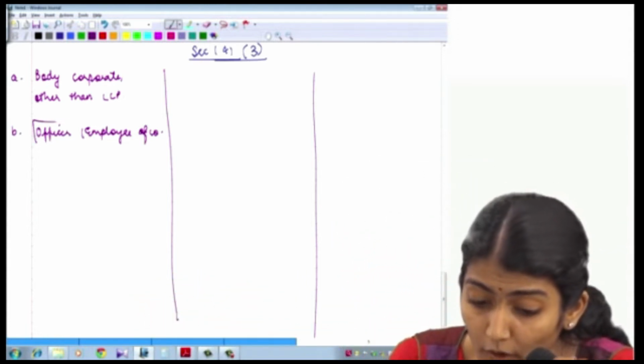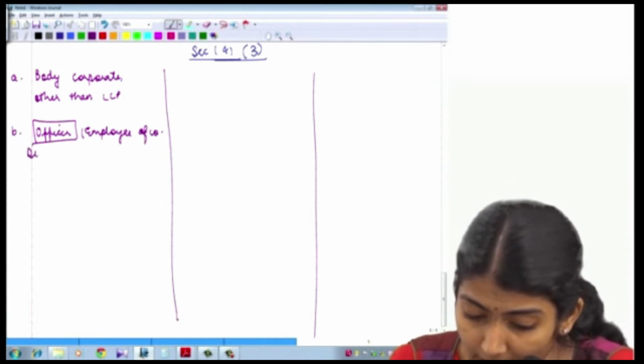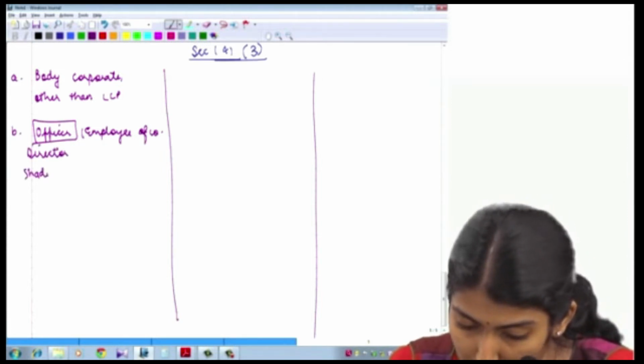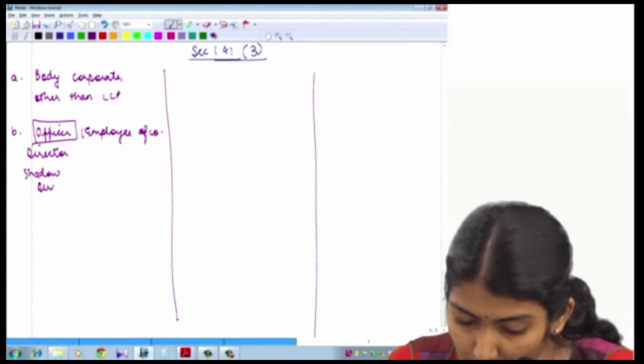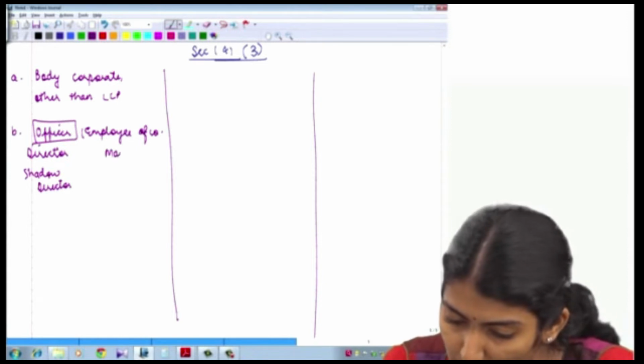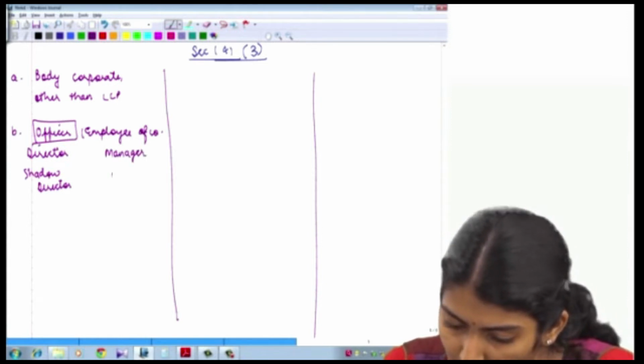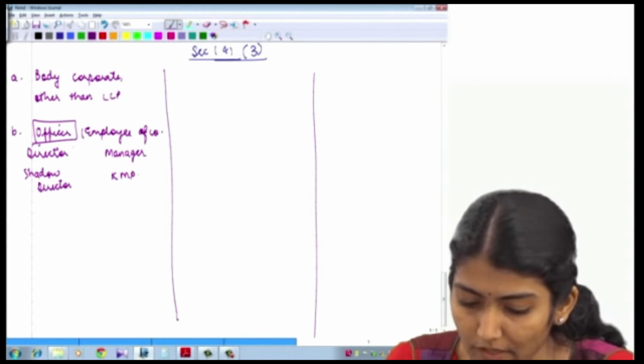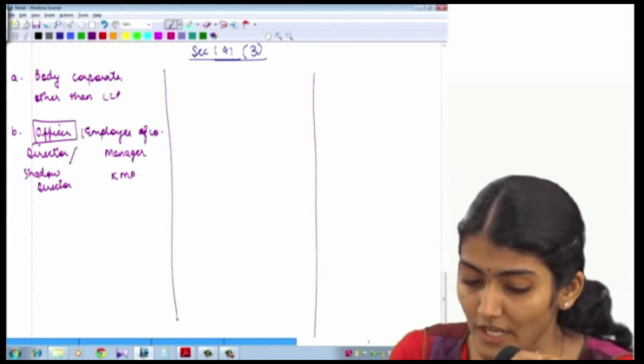And it says the officer includes director, shadow director. Yes, shadow director. Right? And then it also includes the manager and the key managerial personnel of the company. Yes, you know shadow director?